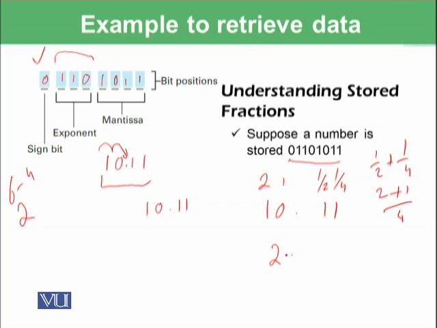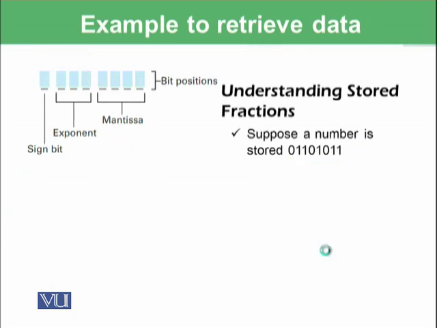So 2 is the whole number, and 3 by 4 is the fractional part. So the number stored in the computer, 01101011, is actually representing 2 as the whole number and 3 by 4 as the fractional part.